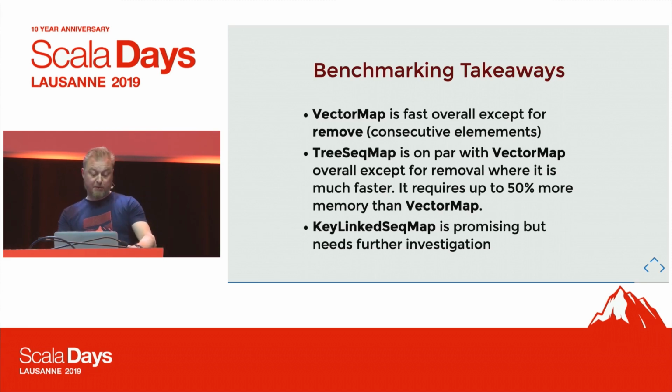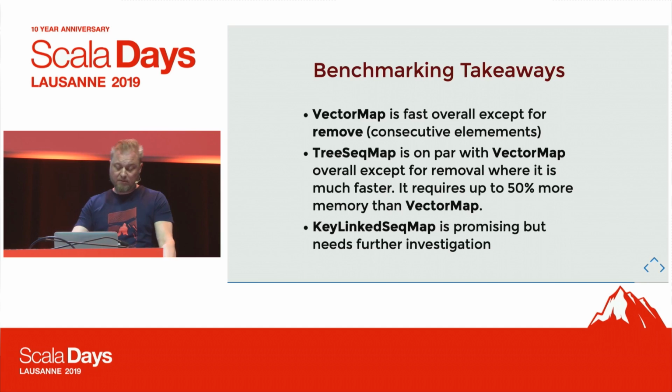And the tree-seek map, it's on par with vector map overall, except for removal where it's very much faster. But it requires 50% more memory than vector map. At least the version that's currently in 213 does. I've been working on an improvement that might get that down to 20% more or something.